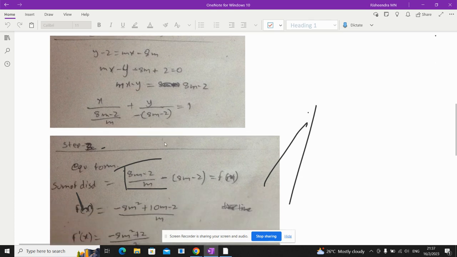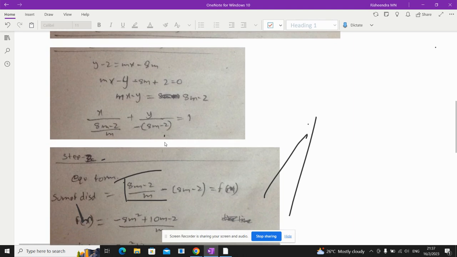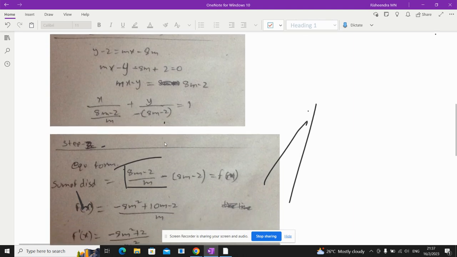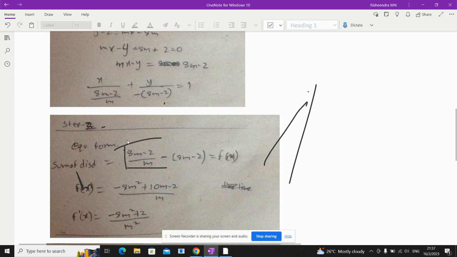When we add these two intercepts we get a function f of m, which has to be at its minimum value.